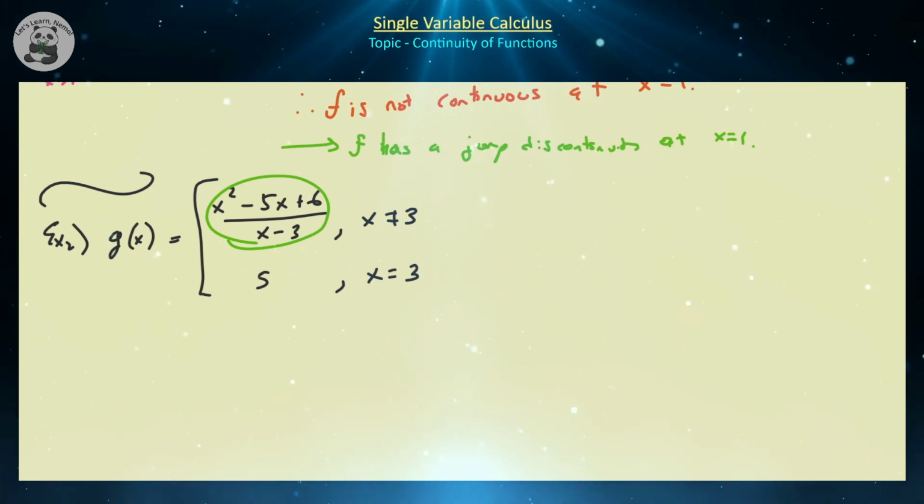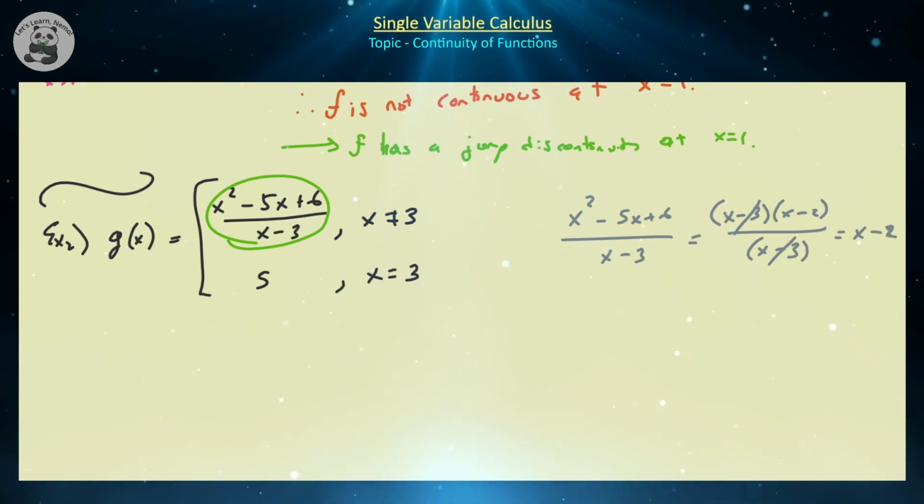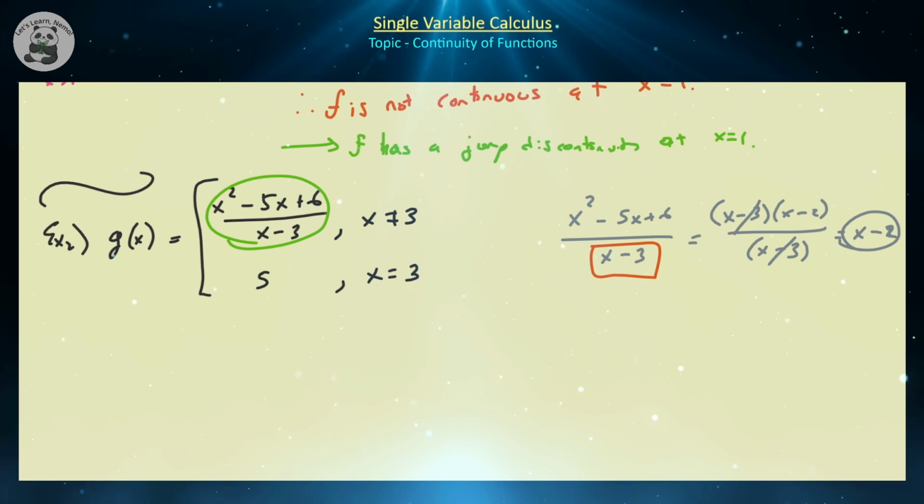If you analyze that function closely, notice x squared minus 5x plus 6 can be factored into x minus 3 times x minus 2, all over x minus 3. The x minus 3's will cancel, leaving us with x minus 2, which is the graph of a line, but with a hole when x is equal to 3.